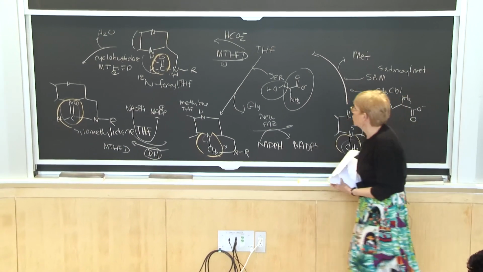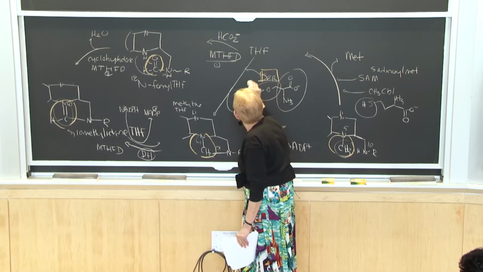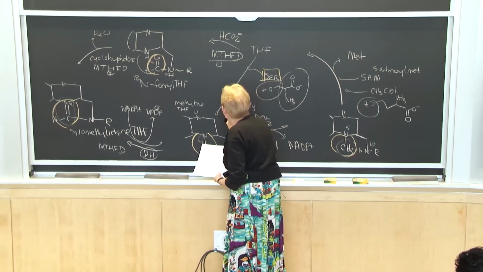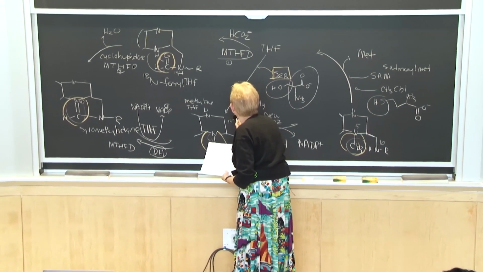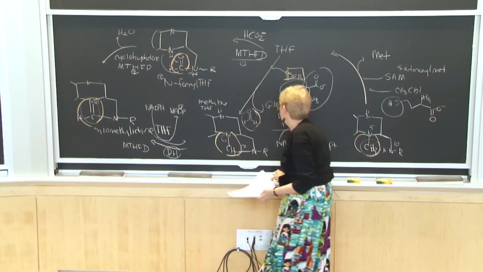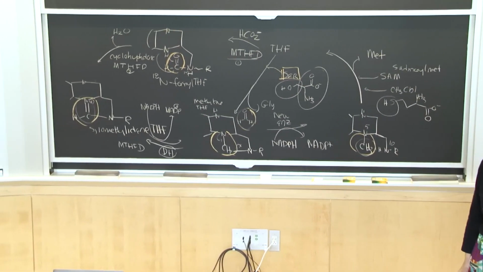So this is the major way. Serine is a major one carbon donor. So serine is going to generate a formaldehyde equivalent, which then can get picked up here and make methylene tetrahydrofolate.